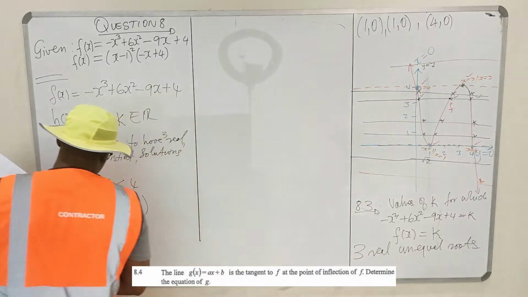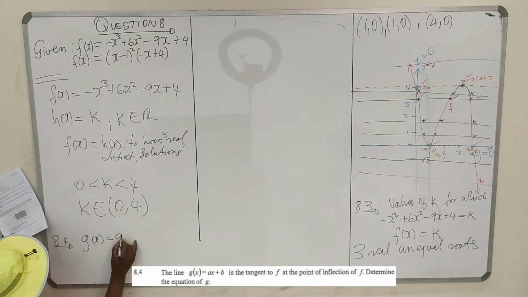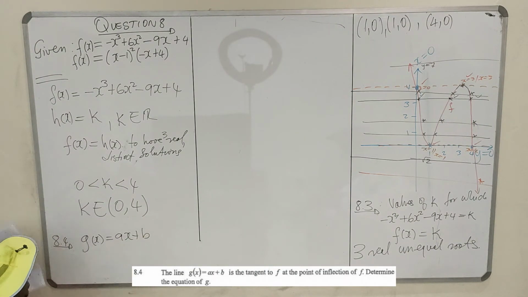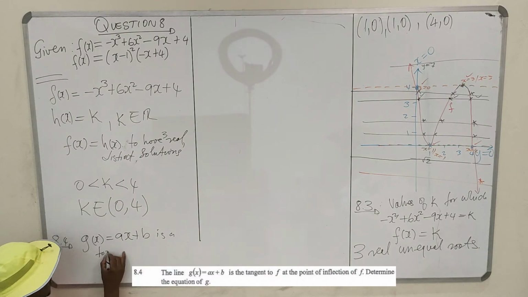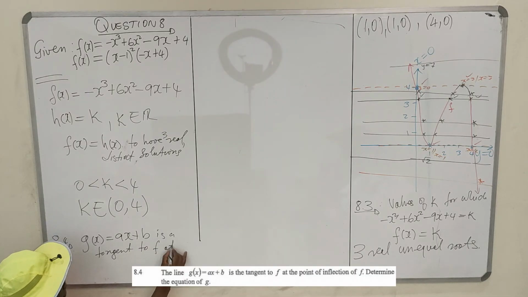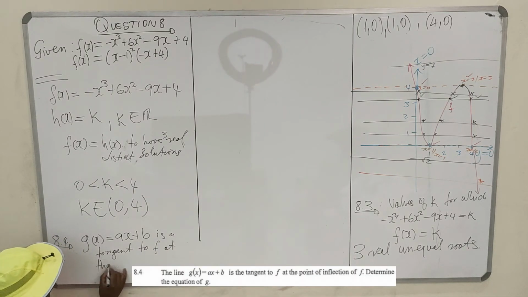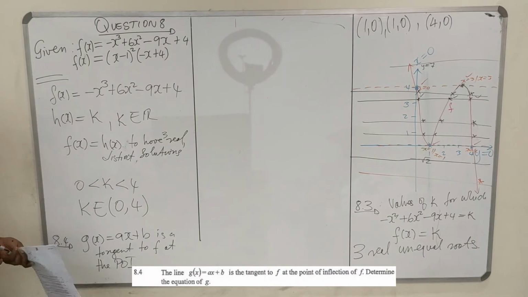So you're told that some equation g, which is g of x equal to ax plus b, is a tangent to f at the point of inflection. So they want to find the equation of the tangent.